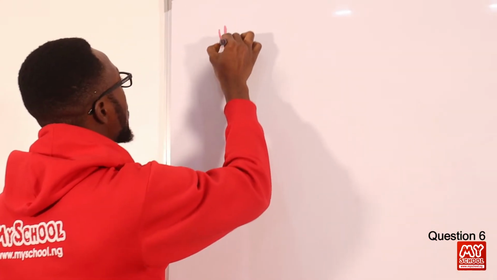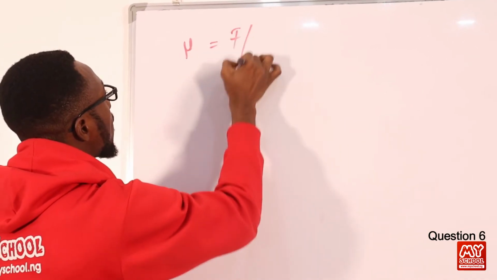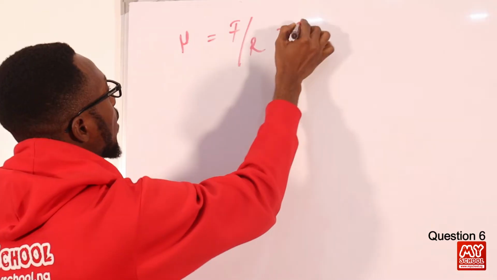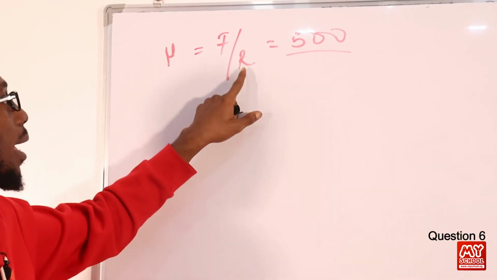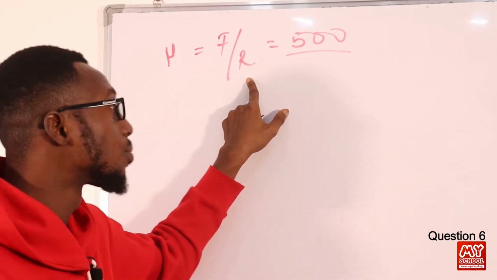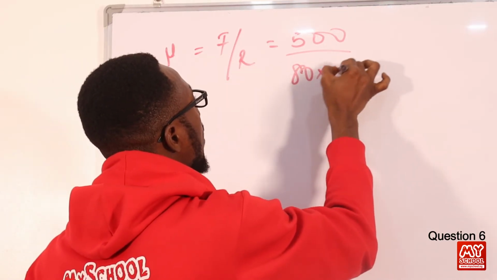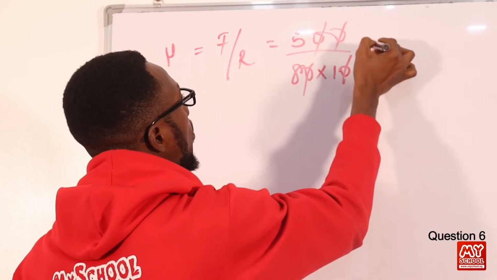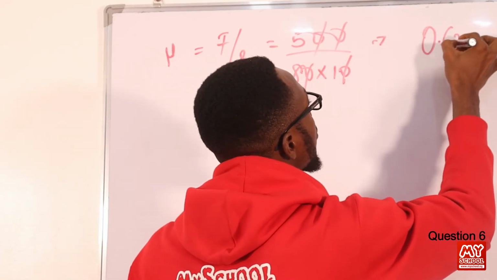Okay, so we can represent this by something that looks like a mu, because it is frictional force over the normal, and this is given as 500. This is given as 80, but we can't use 80 because we have to convert from kg to Newton. So that is 80 times 10, 800. Then we have 5 over 8. When you divide them, that should be 0.625.